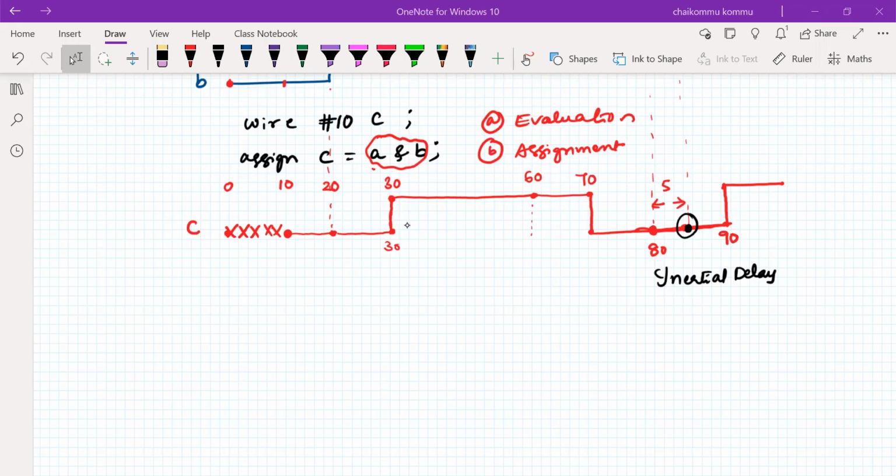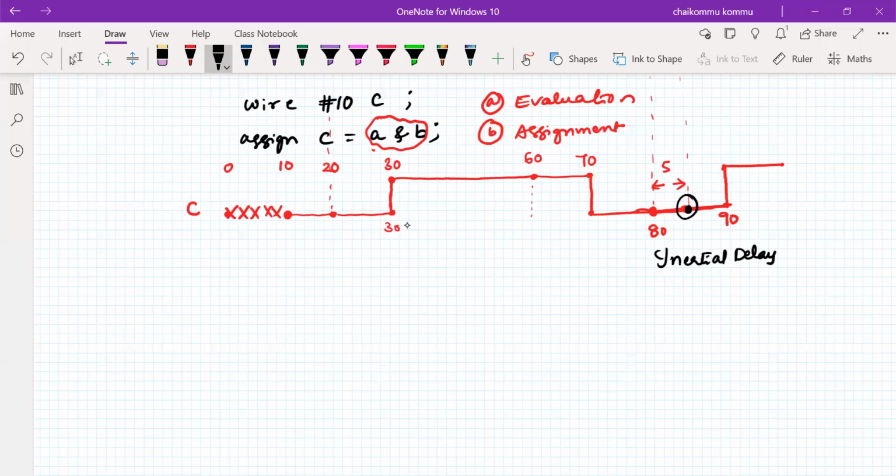So this is called inertial delay. Shall we write the definition of inertial delay?